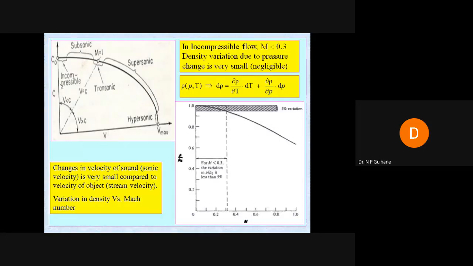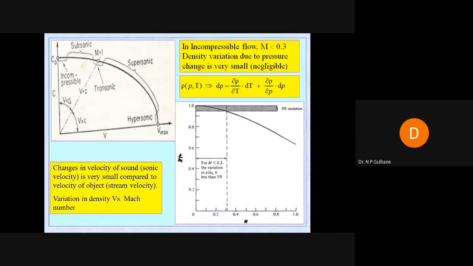Here you can see we are studying subsonic flow, wherein the Mach number is less than 1, where the velocity of sound is higher than the stream velocity. That is, the change in velocity of sound, called the sonic velocity, is very small compared to the velocity of the object, that is, the stream velocity.